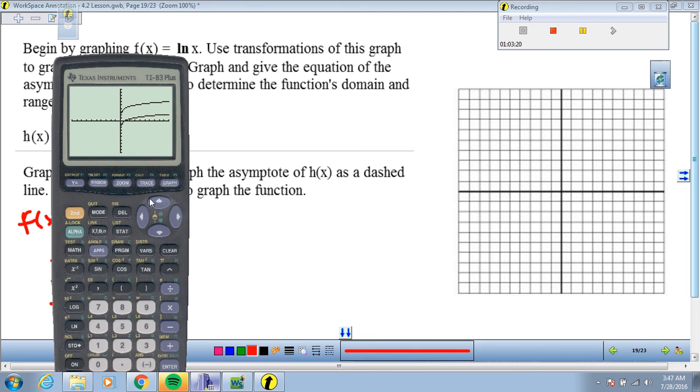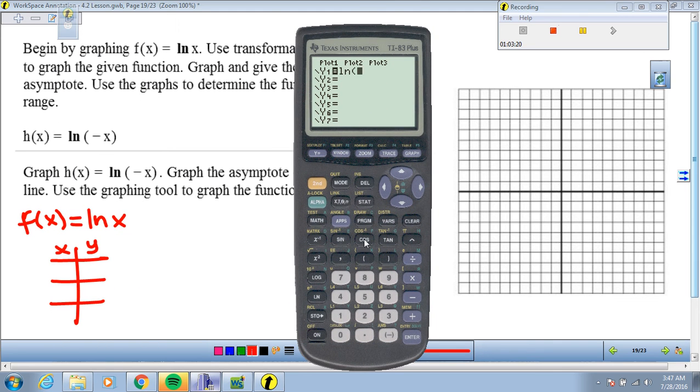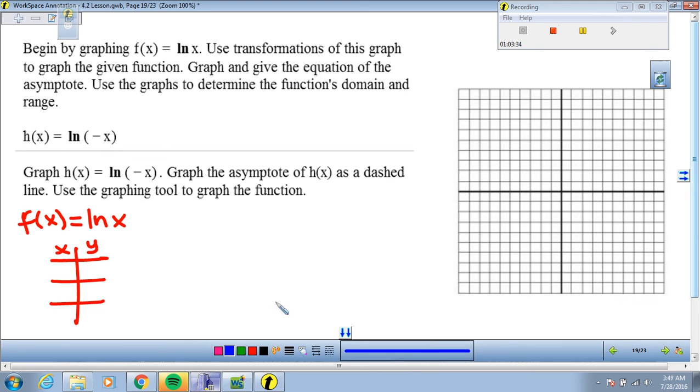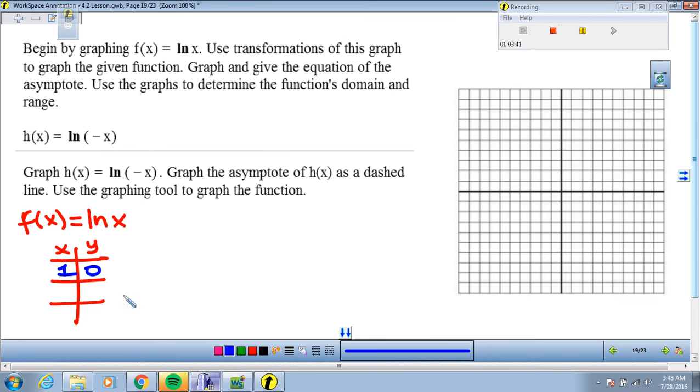So the original, go here ln, put an x, you graph it. Let's look at the table and let's copy some points. See, it's a logarithmic function, it's the same thing, but instead of using log, you use ln. That's the only difference. So 1, 0.